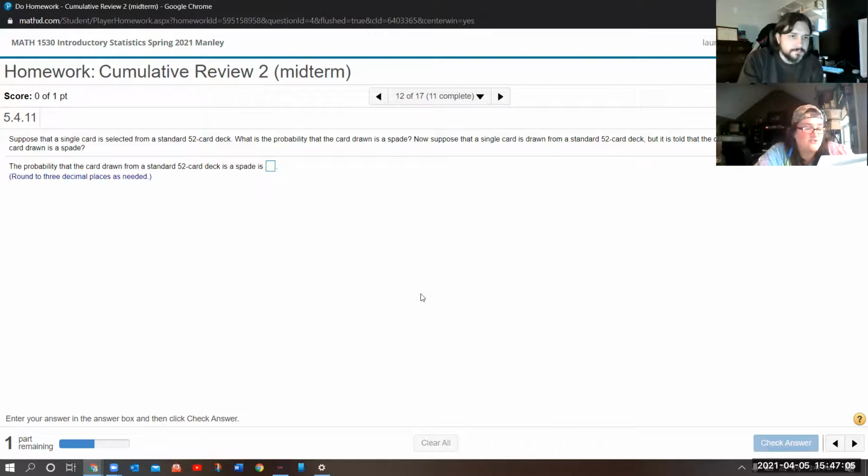The events draw a heart and roll an even number are independent because the results of choosing a card do not impact the roll. She didn't write none of this stuff down in the notes. Well, that doesn't do me any good at all.